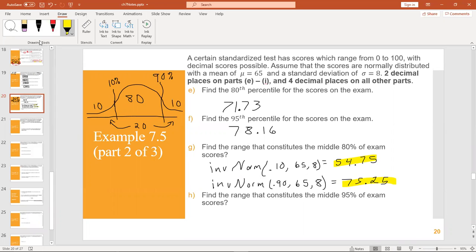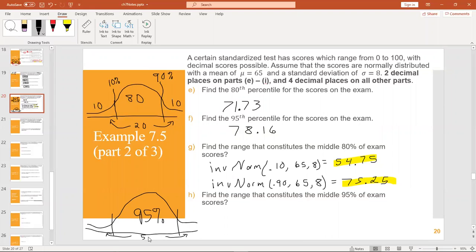Middle 95%, that's going to be something very similar here. So the middle 95% is going to be right there. That means that this, together with this, consists of 5%. If you cut that in half, that is 2.5%.